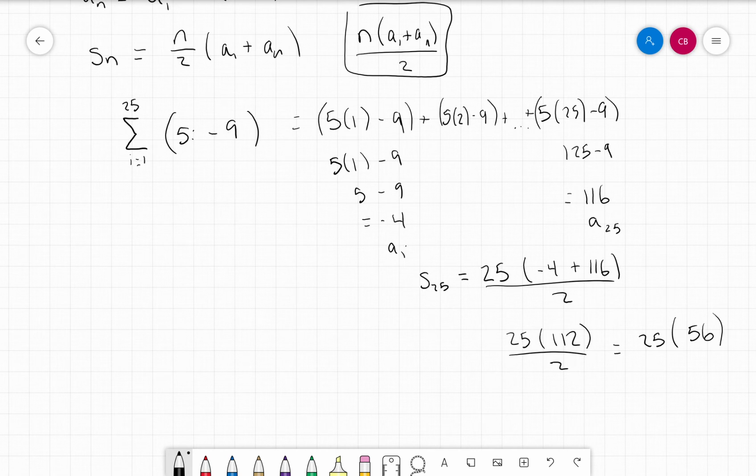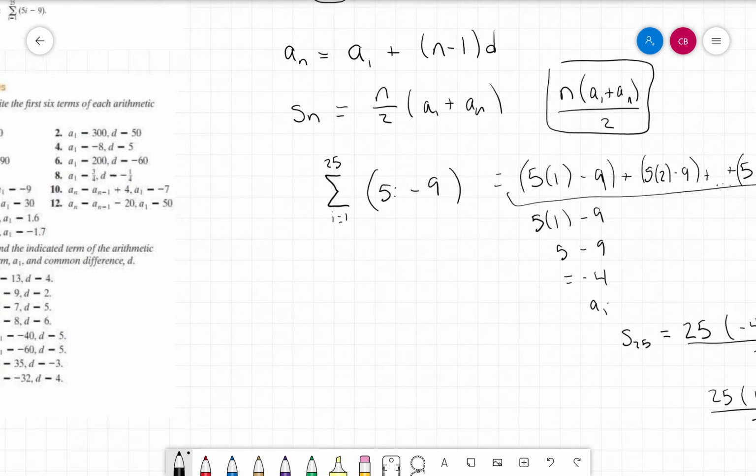So the sum here is 1400, which is right. So we've got our sum, and that would be how you'd calculate that one. Obviously, that is way faster than writing out each of these and then adding them individually.